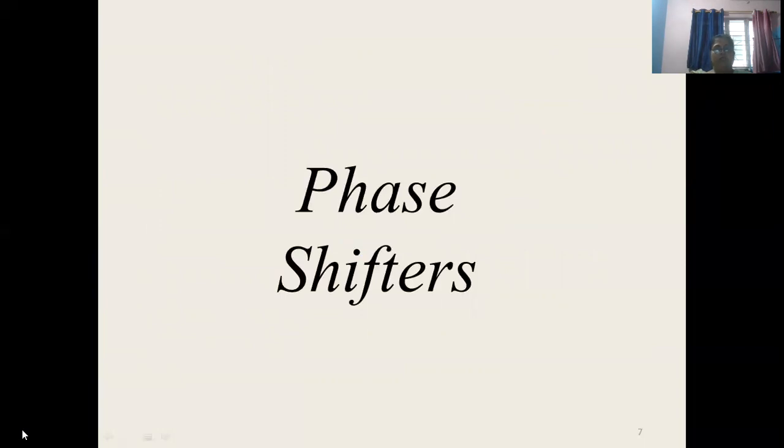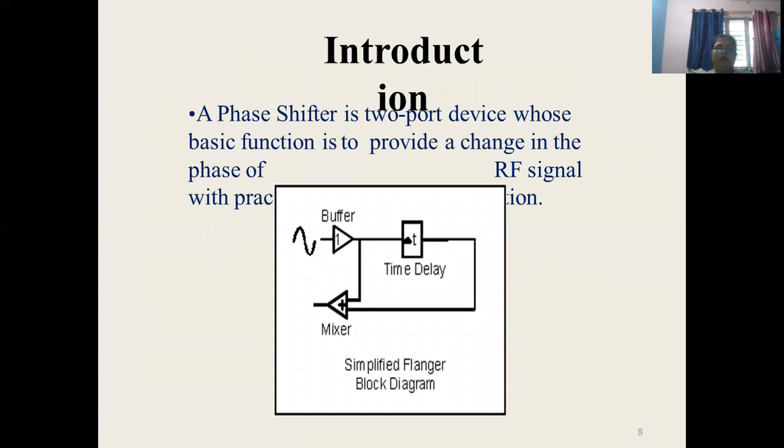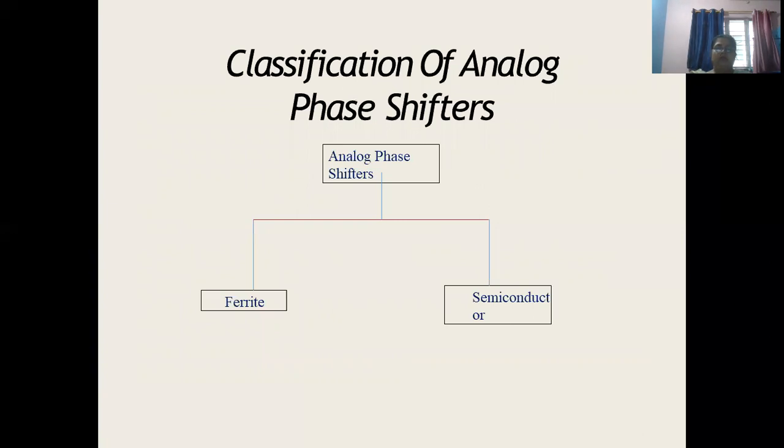Now we will discuss about the phase shifters. A phase shifter is a two-port device whose basic function is to provide a change in the phase of the radio frequency signal. The classification of analog phase shifters mainly are of two kinds, made up of ferrite and semiconductors.